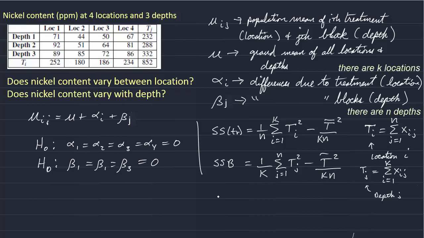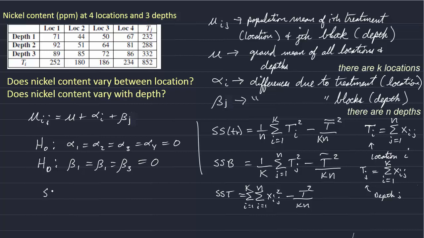And the total sum of square variance is proportional to the sum of all the measurements squared minus t bar squared over the number of all the measurements.